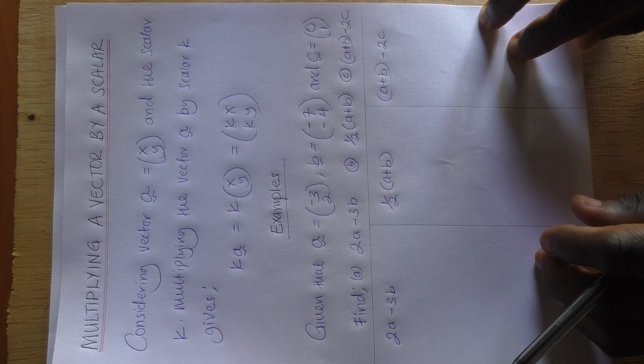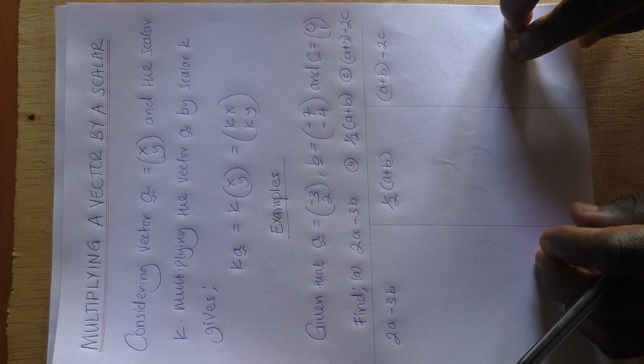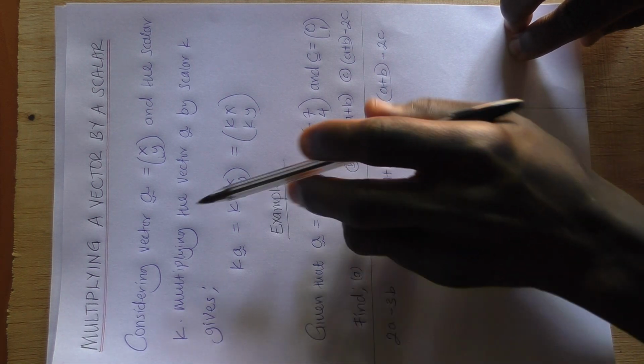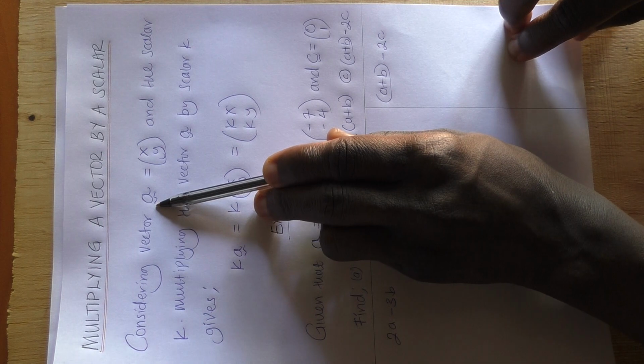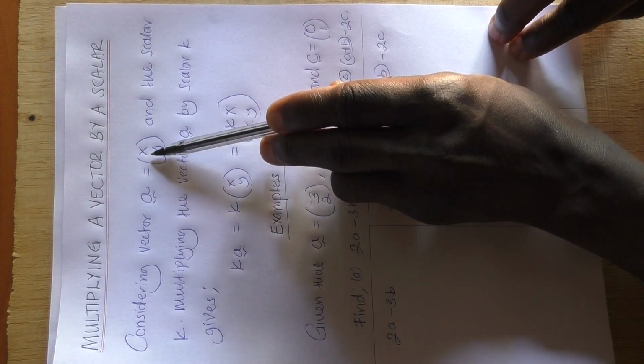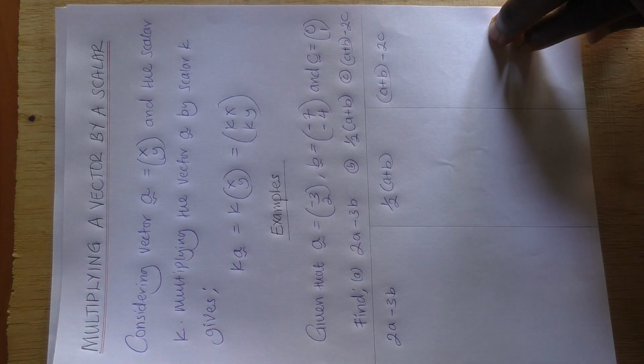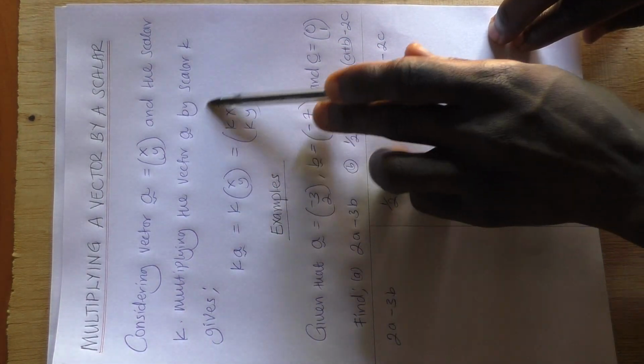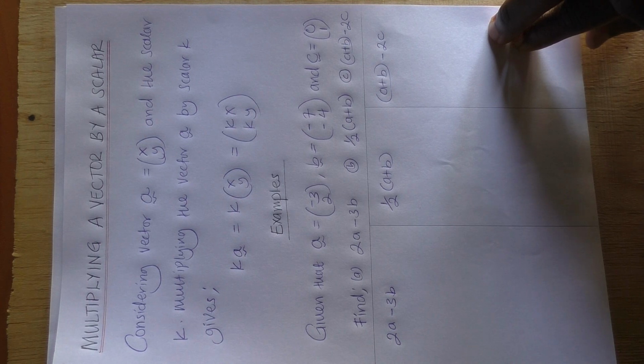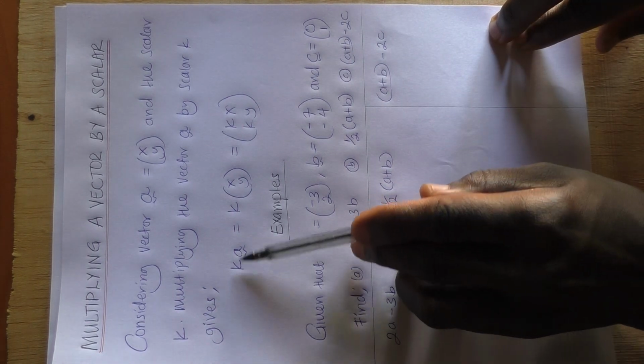So, how do we multiply a vector by a scalar? Let us consider vector A given as (x, y) and the scalar k. Multiplying the vector A by a scalar k gives us kA.